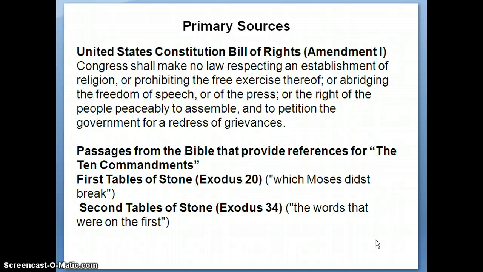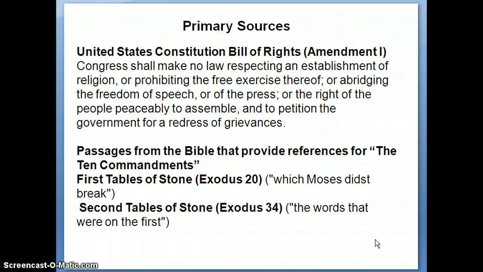By this time you should be familiar with the concept of primary sources. Let's talk about the two basic primary sources on this particular issue. One certainly would be the United States Constitution Bill of Rights, Amendment 1, which is printed in its totality on this slide: Congress shall make no law respecting an establishment of religion or prohibiting the free exercise thereof.